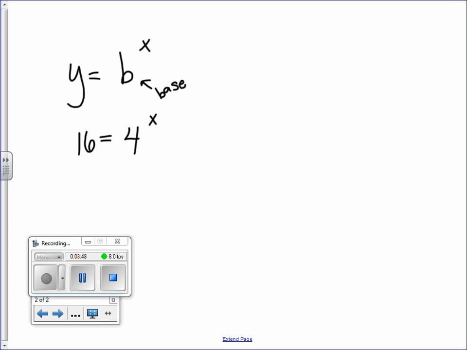You're going to say, well, log base b of y equals x. So log base 4 of 16 would equal x. Do you see how undoing this exponential function would then turn around and give you what you're missing?